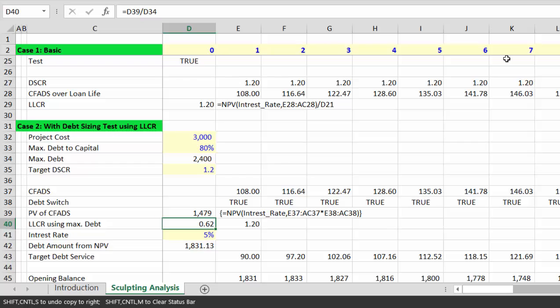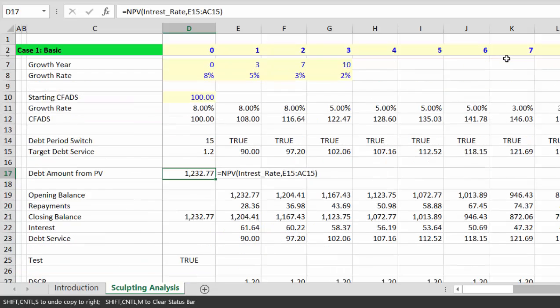Now, what that means is the project could only support 1,400 of debt. It can't support the full 2,400.